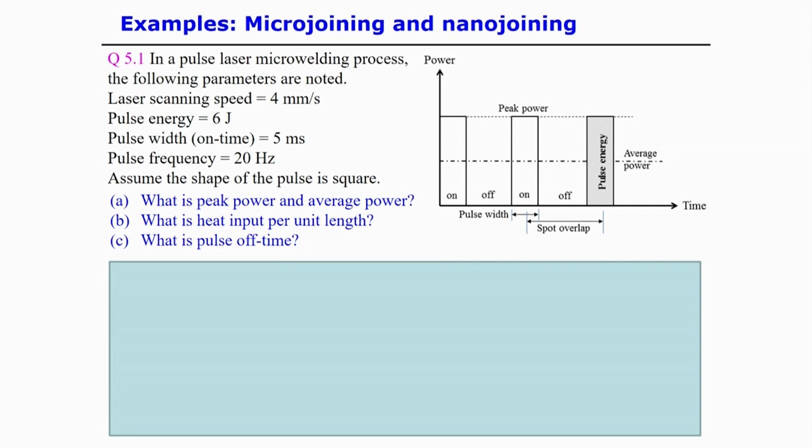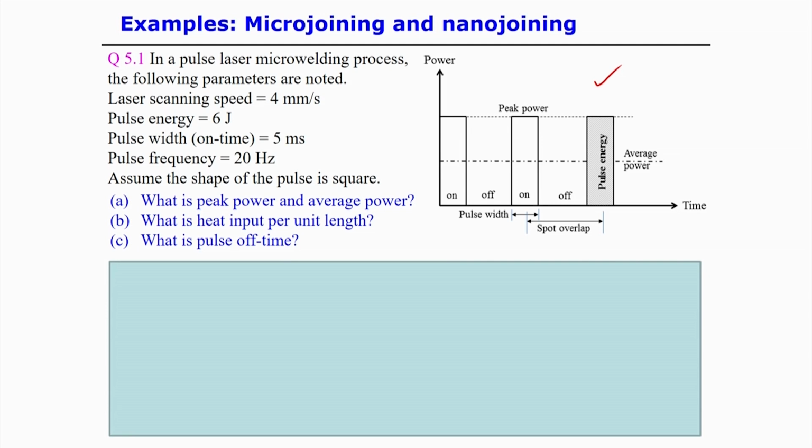Now, if you look at the right hand side figure, this is the typical temporal pulse shape. The x axis represents the time axis, and the y axis represents the power.